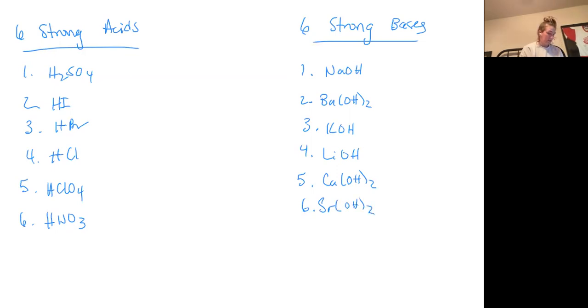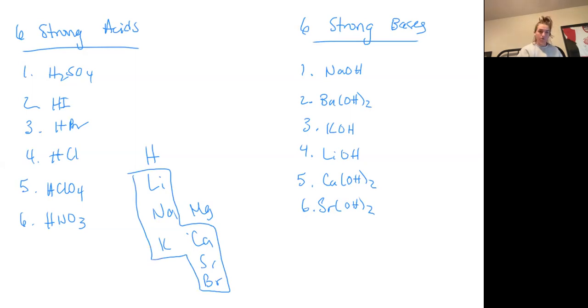And so when you're looking at the periodic table, it goes hydrogen, lithium, sodium, potassium, and then magnesium, calcium, strontium, and barium. So your 6 strong bases kind of make this little zigzaggy thing over here. Those 6 are on the periodic table.